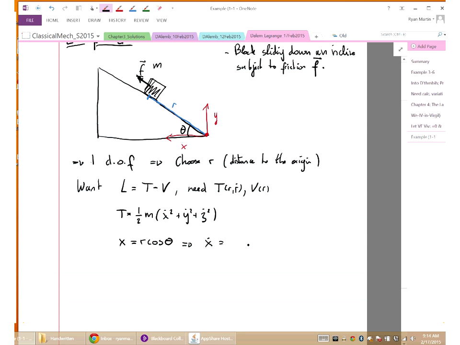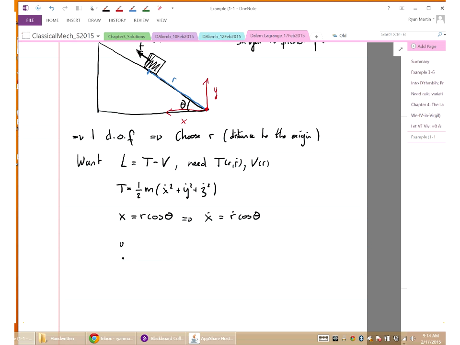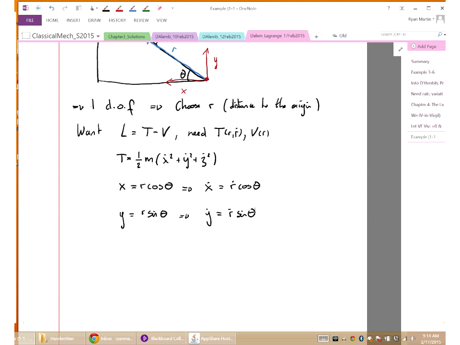If I take the time derivative of that, x dot, theta is a constant, right? So d by dt of r cos theta is simply r dot cos theta, because theta is a constant. Same with y equals r sine theta. If I do y dot, I get r dot sine theta. And then z, we said that z is always equal to 0.